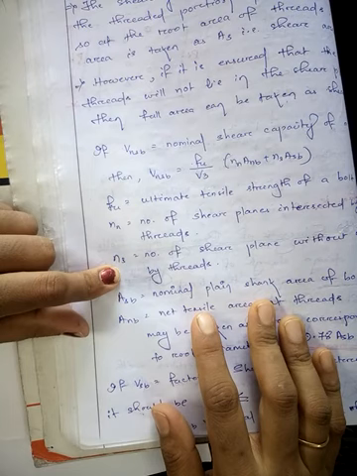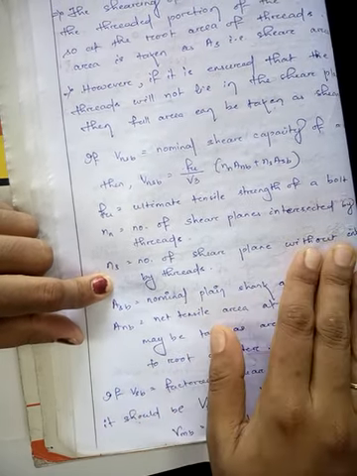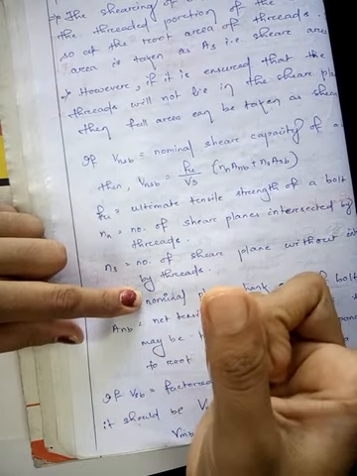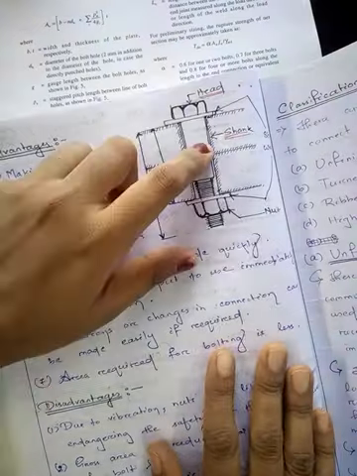So NN and NS are the number of shear planes which are not getting intersected by threads and which are getting intersected by threads. As we know, a bolt has two parts. I will show you the diagram of a bolt. See, a bolt has two parts in its shank.